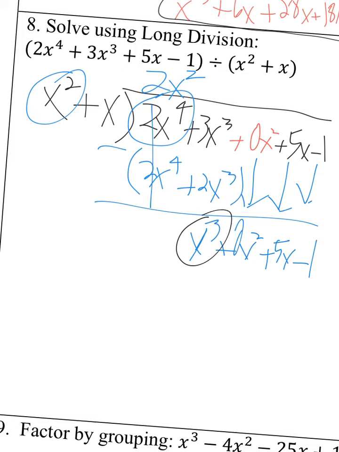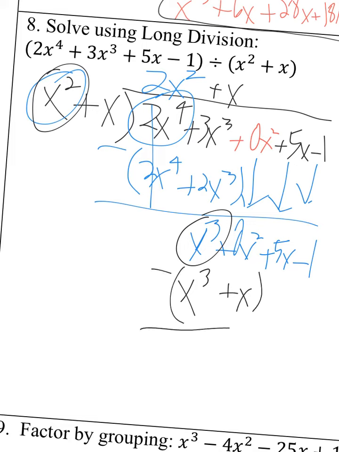I have x to the third divided by x squared, so that's going to be x. I'm going to multiply x times x squared plus x, so that'll give me x to the third plus x squared. Put it in parentheses, and the first term will cancel. That leaves me with negative x squared plus 5x minus 1.